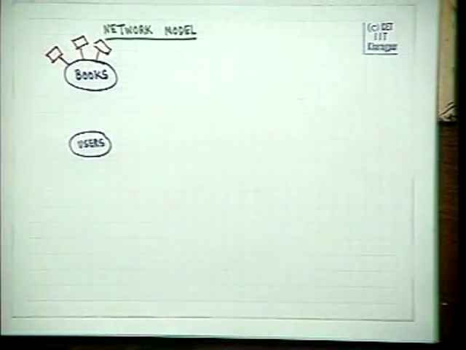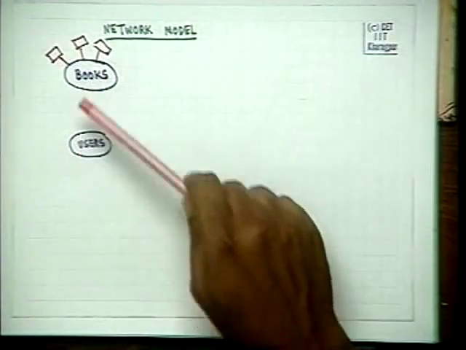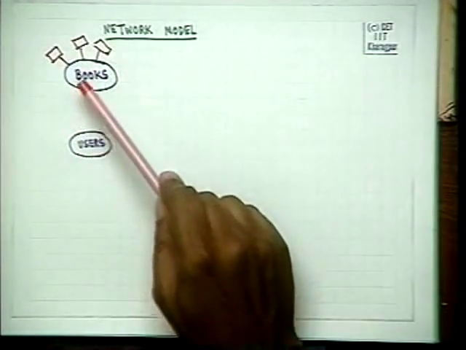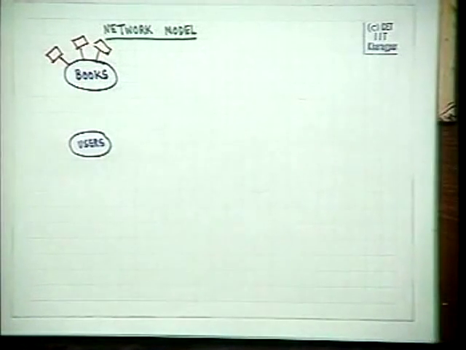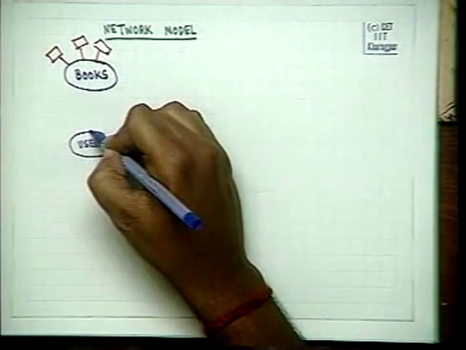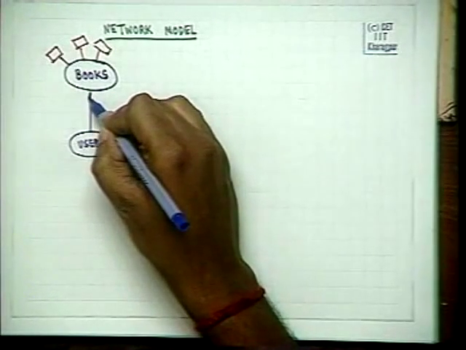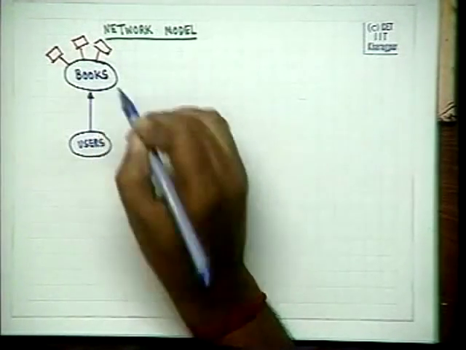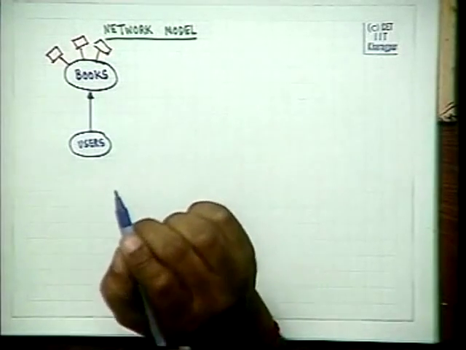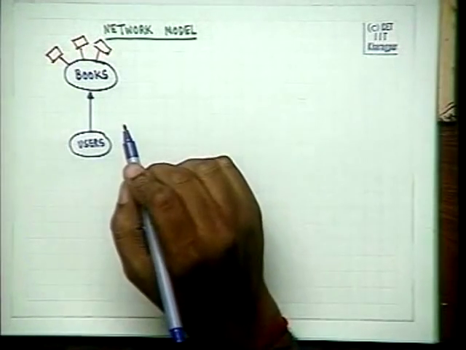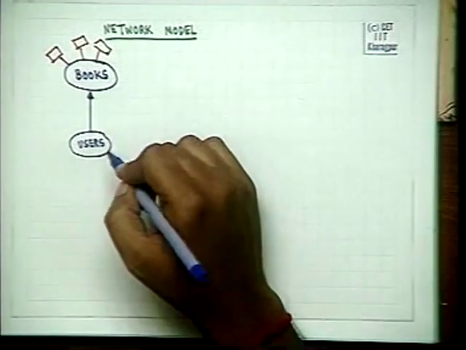So all these attributes of all these records are known. And instead of having a table to represent these two and a table to relate these two, we relate them directly by pointers. Here we know many users can issue books. A particular user can issue more than one book, but one book cannot be issued by more than one user. This is a simple case.